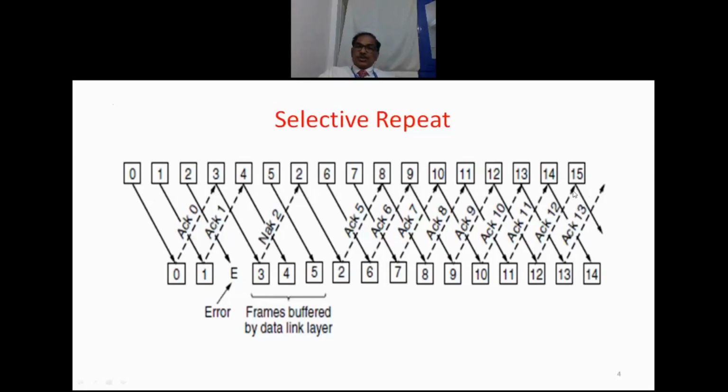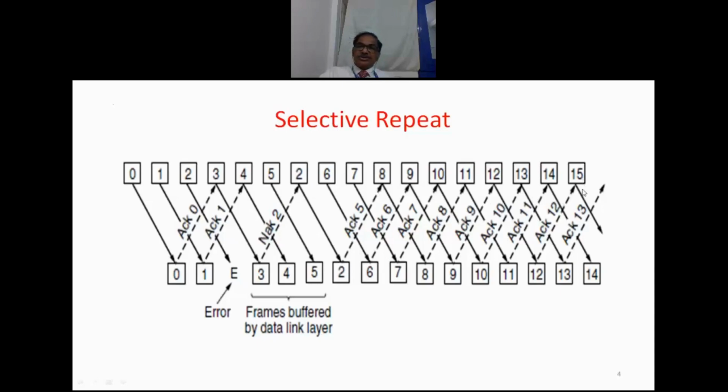Only one frame is retransmitted, that is the second frame. Whereas in go back N, from the second onwards all are retransmitted, but here only the faulty frame is retransmitted, all others are transmitted only once. As a result, the performance is further improved.